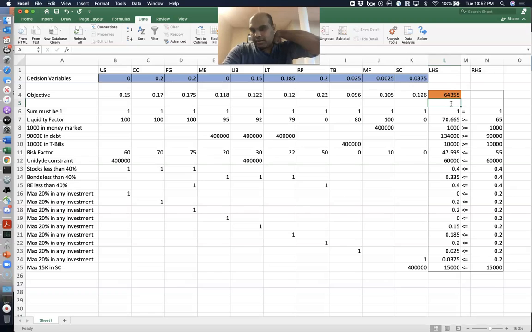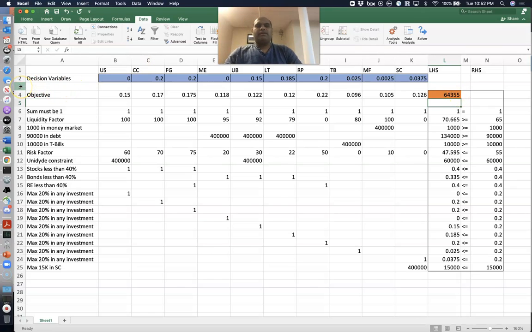So this is saying don't invest any money in United stocks. Put 20% in CCs, 20% in First General REIT, nothing in Metropolitan Electric, 15% in United bonds, 18.5% in Louisville Transit, 20% in Realty Partners, 2.5% in T-bills, 0.25% in money market fund, and 3.75% in saver certificate. And the return will be 64,355.